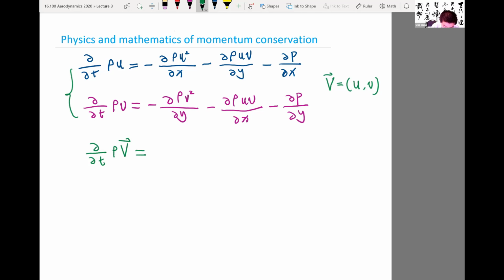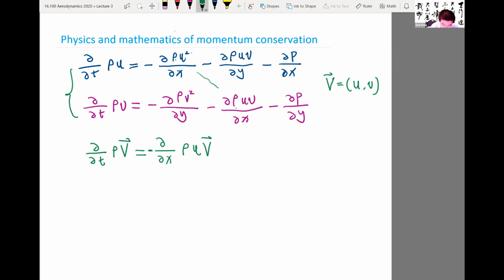So first of all, you have to combine the x derivatives and also combine the y derivatives. If you combine the x derivatives, what you get is a partial derivative of x. Look at the common terms. The common terms are rho, right? Both have a rho, both have a u, okay? But one has a u squared, the other has a v. So it's rho u times the vector v. Of course, we have a negative.